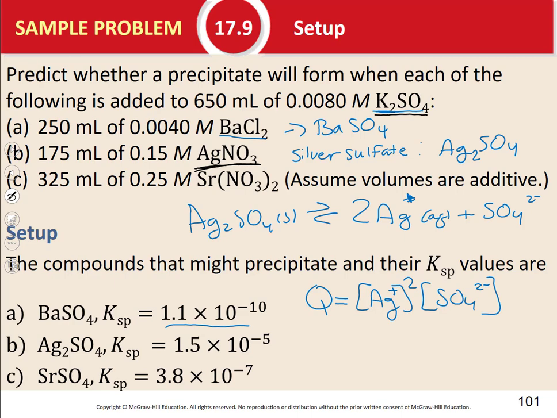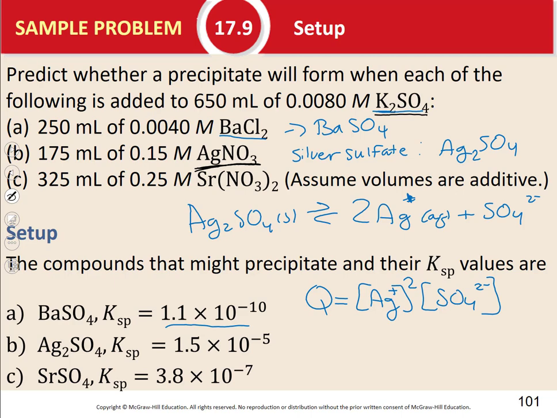Okay. So same thing, we're going to determine the concentration of the silver ions and the sulfate ions using the dilution equation. So first of all, let's determine the concentration of silver ions using M1V1 is equal to M2V2.